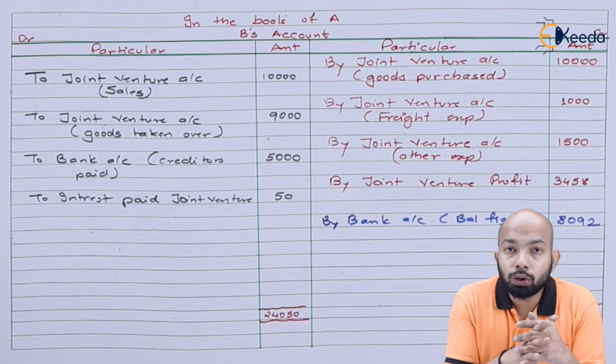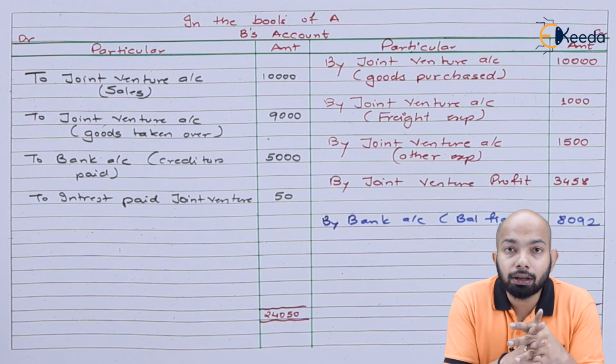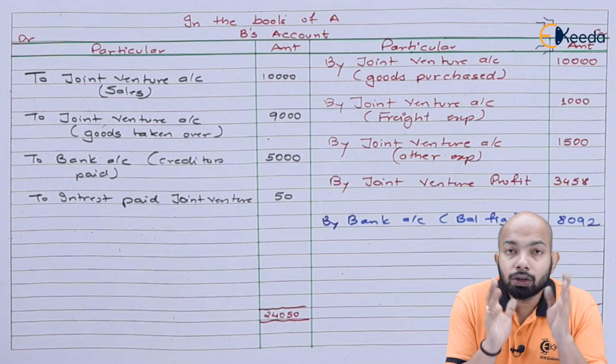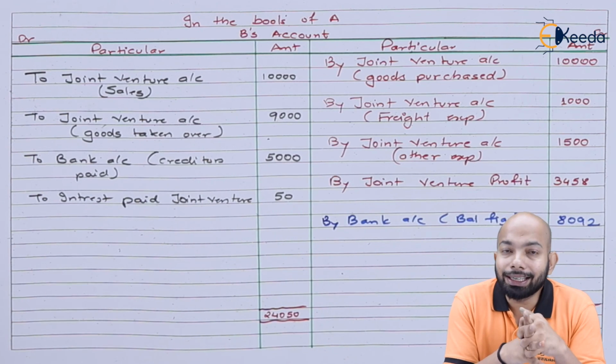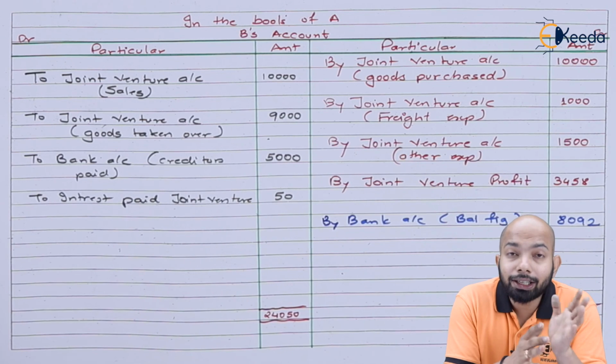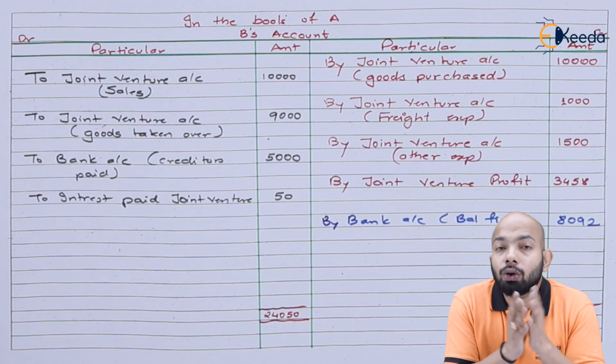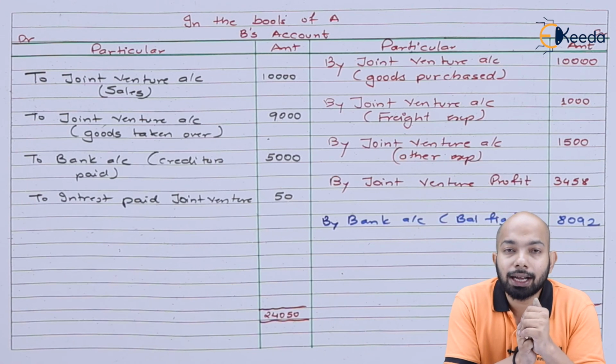So that gives you a total of 8090 as a balance figure. That means this is the balancing figure that we are looking for. So this is how you solve the problem when it comes to joint ventures or co-ventures, when co-ventures record all the transactions.